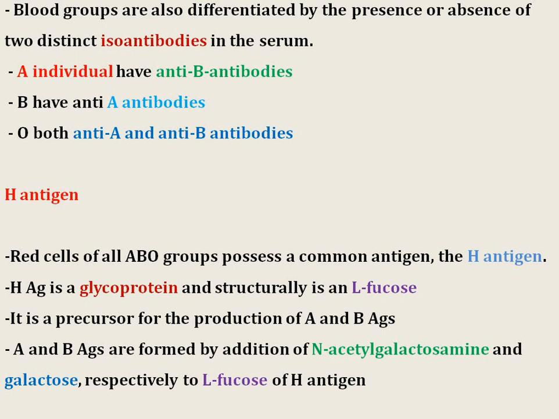In case the person has B blood group, that person contains anti-A antibodies. In O blood group, the person has both anti-A and anti-B antibodies in their blood serum. So A individuals have anti-B antibodies, B individuals have anti-A antibodies, and O individuals have both anti-A and anti-B antibodies.